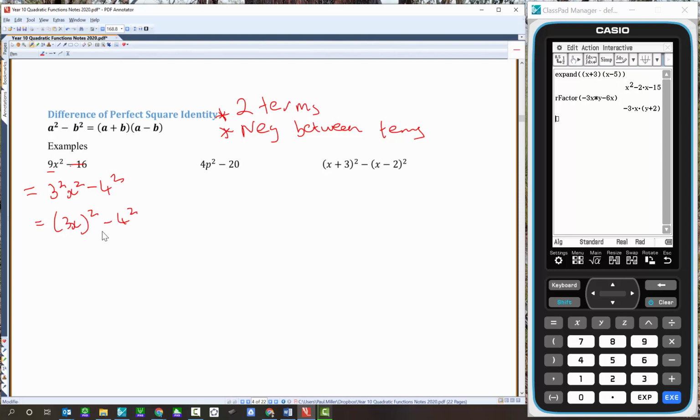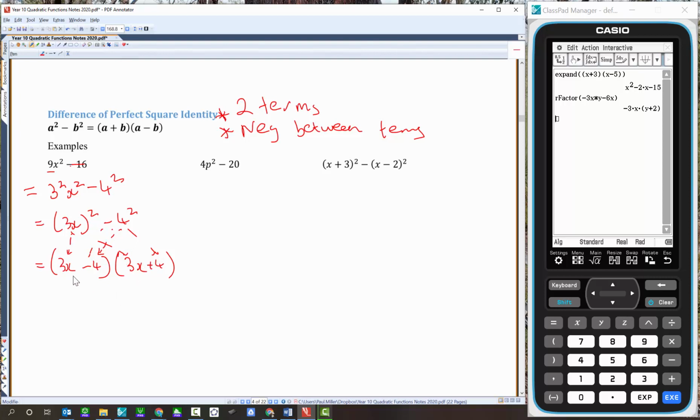And now we truly do have the difference of perfect squares. So to finish the job, we write 3x take 4, with a negative sign in there. And then we do the reverse, 3x plus 4, and the negative gets reversed.